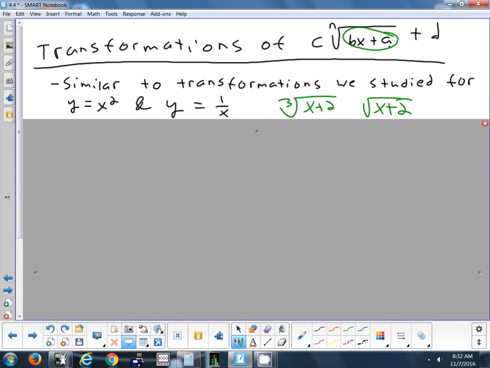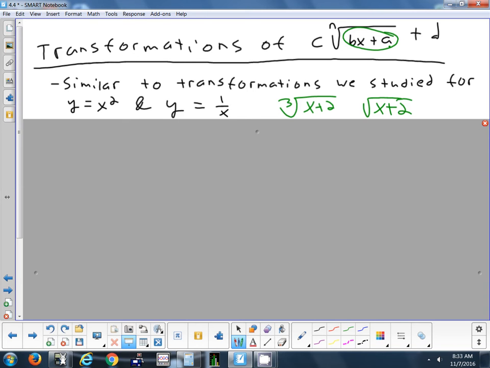Yeah, it'd be a mirror image. All right. So negative in front of B causes a reflection. Negative in front of C also causes a reflection. Negative in front of B, that's a horizontal reflection, because that's the horizontal stuff. Negative in front of C, that's a vertical reflection, because C is the vertical stretch.